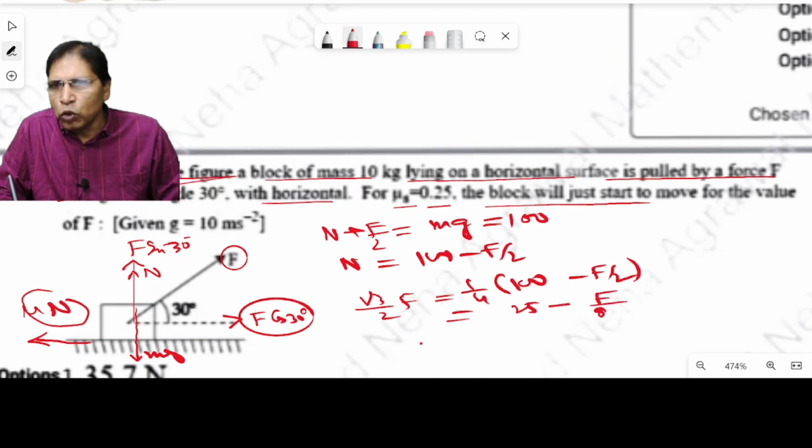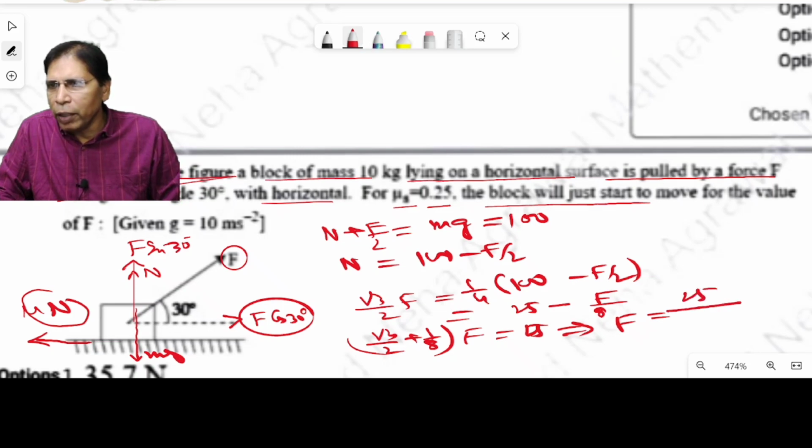So (root 3 by 2 plus 1 by 8) F equals 25. Therefore F equals 25 divided by (root 3 by 2 plus 1 by 8), which is 200 divided by (4 root 3 plus 1).